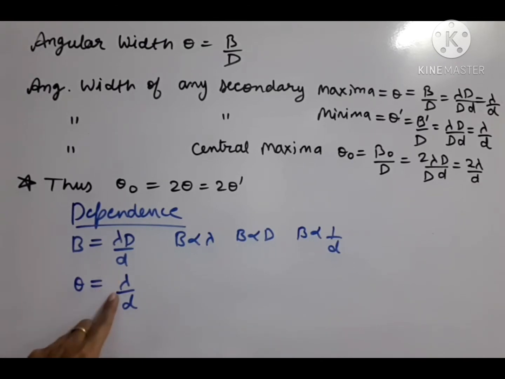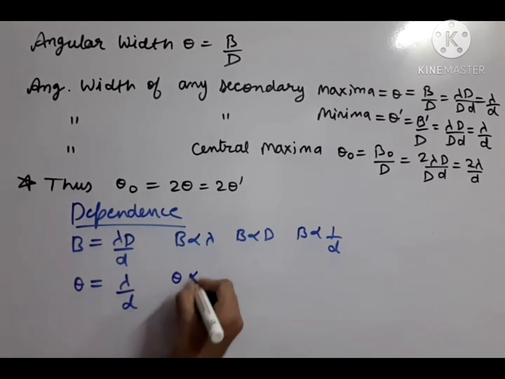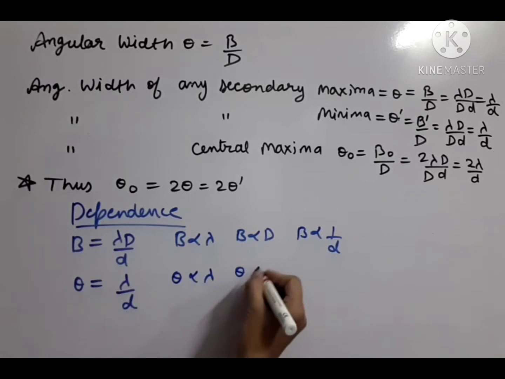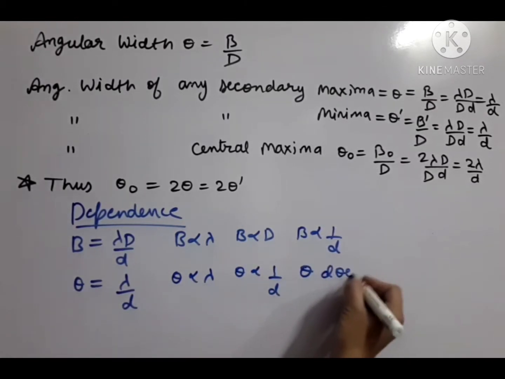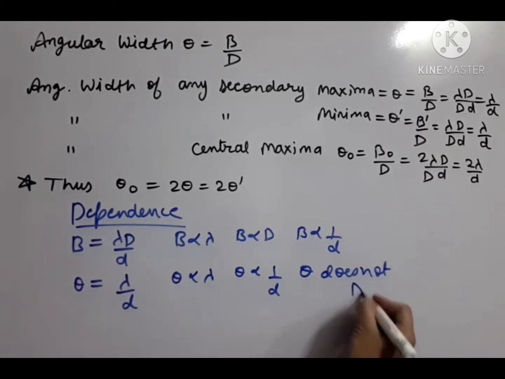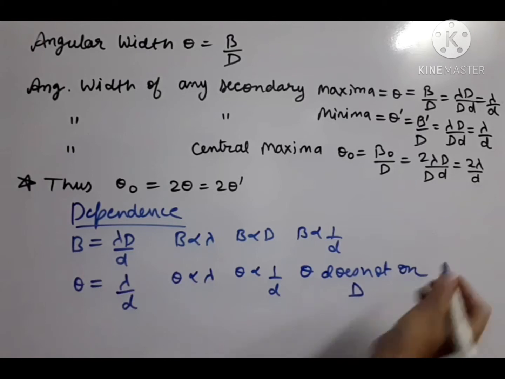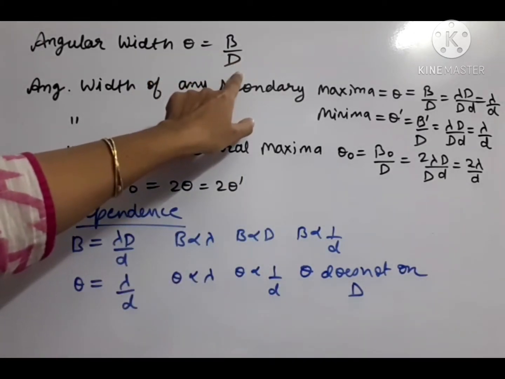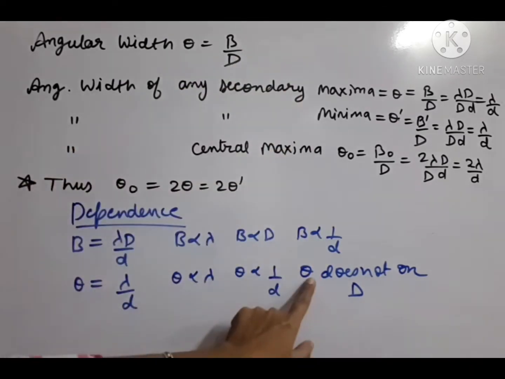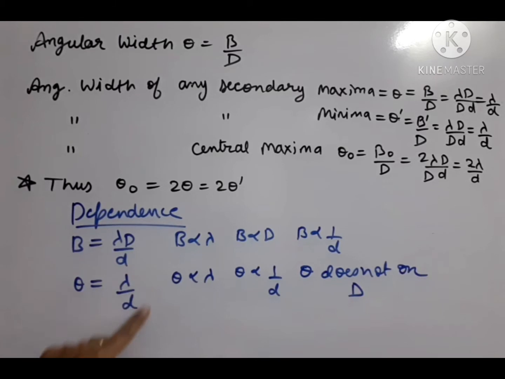It can be 2 lambda by small d, or here also 2 term can come, but dependence on the factors we are talking about. So theta is proportional to lambda, theta is inversely proportional to d, and theta does not depend upon capital D. Okay, this way. Though in the initial formula of theta capital D appears, theta's dependence on capital D is not there because it is not in the final formula.